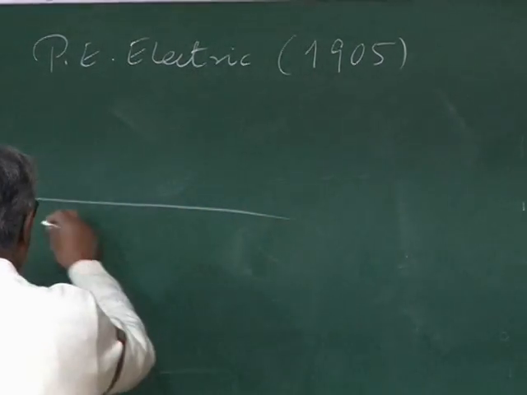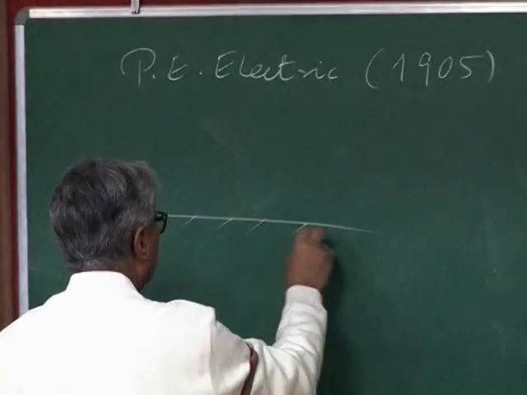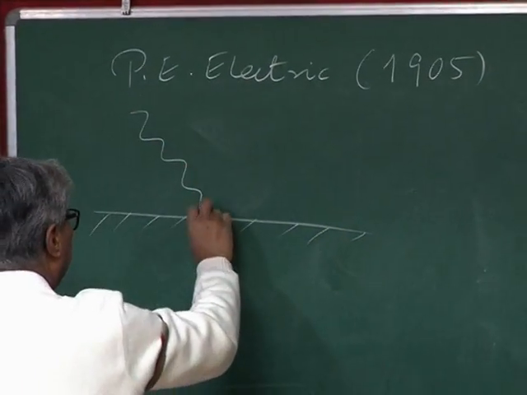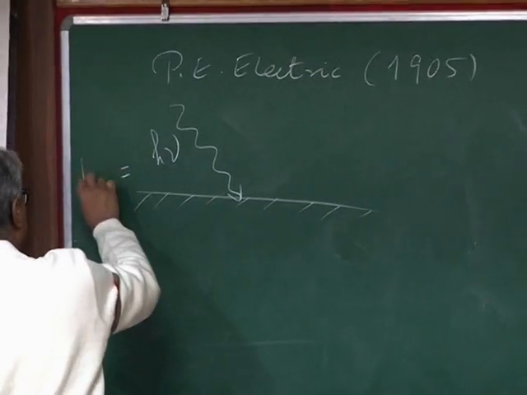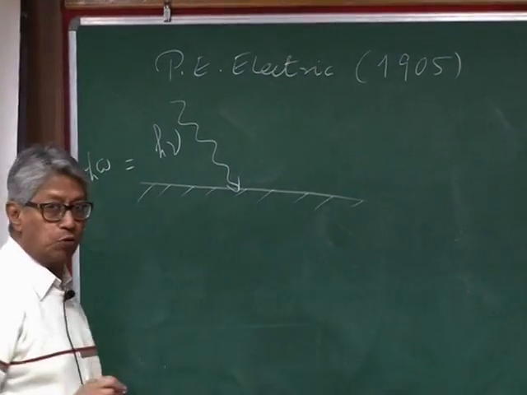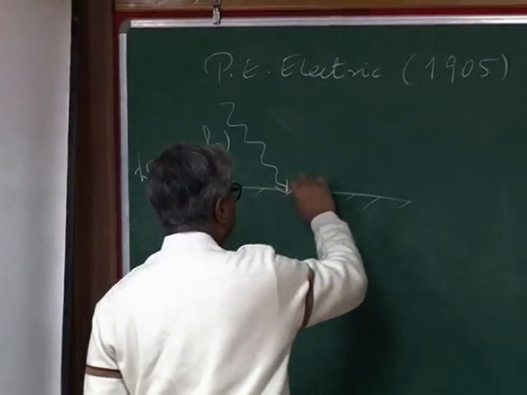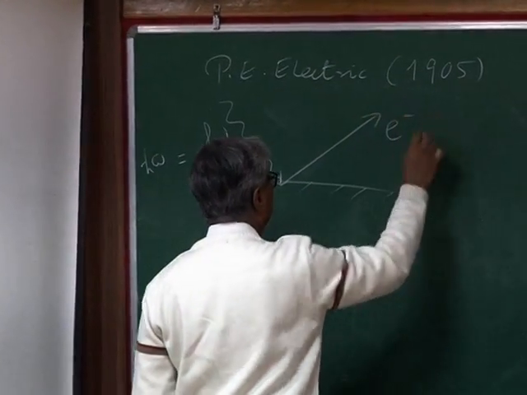You have a piece of metal and you have light falling on it, so you have a photon, h nu, which you can also write as h bar omega, you know this notation, right? And what you do is you eject an electron.